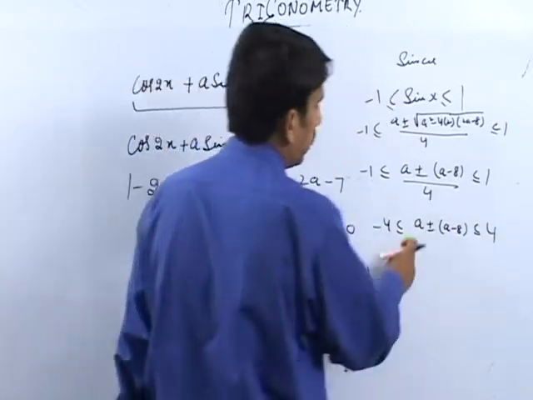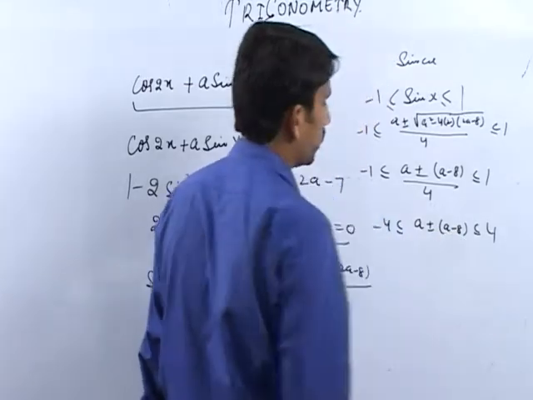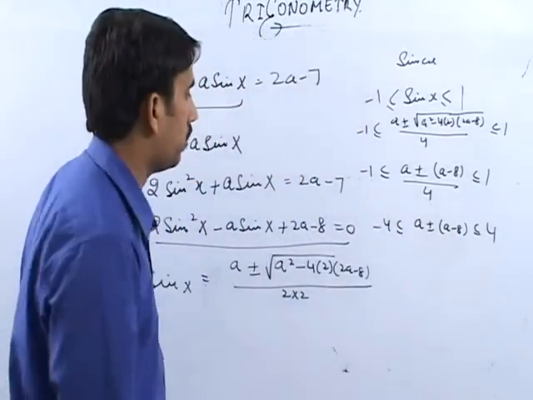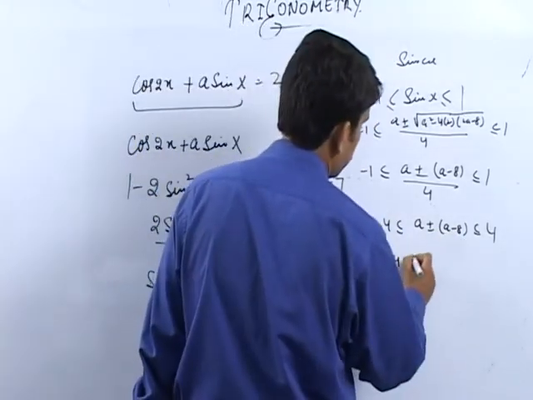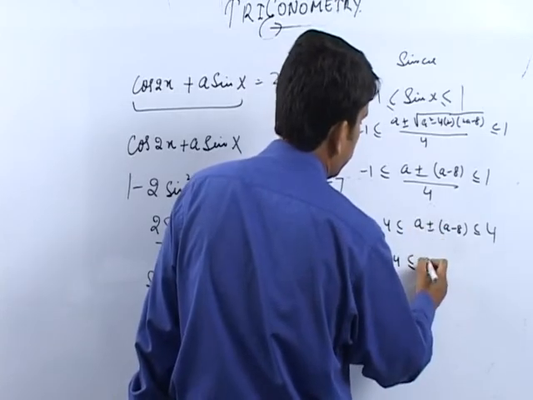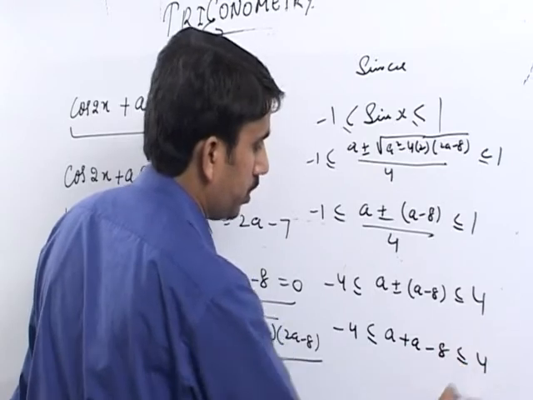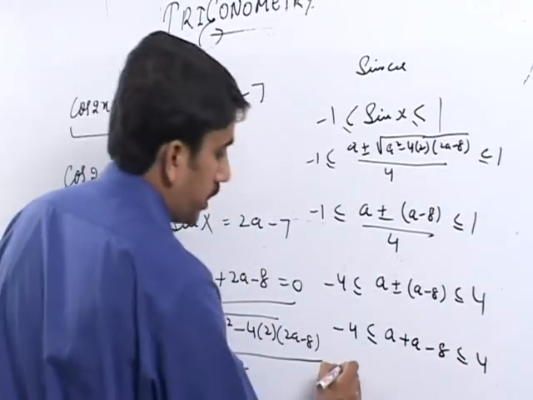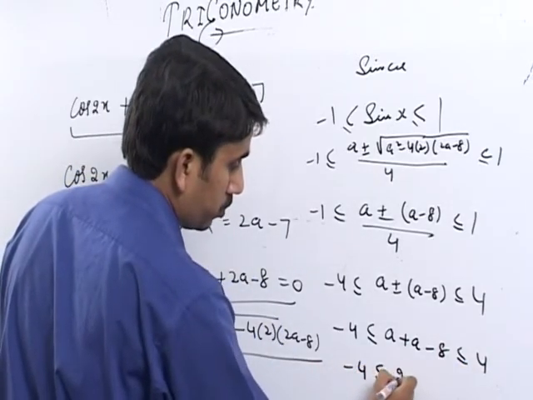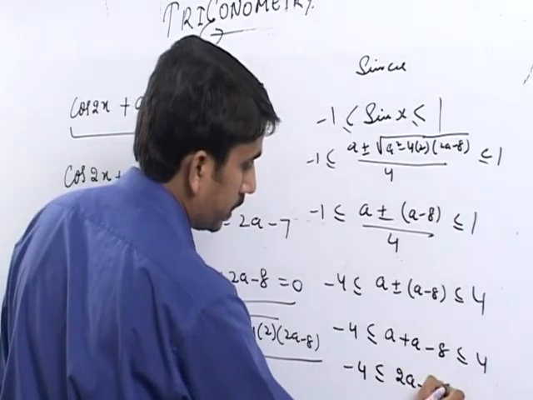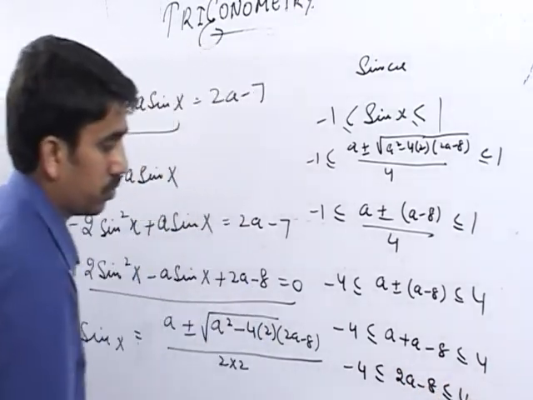Now we will neglect the minus term because otherwise a will cancel out. So we will take only the plus value, and this will be a plus (a minus 8) in between minus 4 to 4, and this will be minus 4 less than or equal to 2a minus 8 less than or equal to 4.